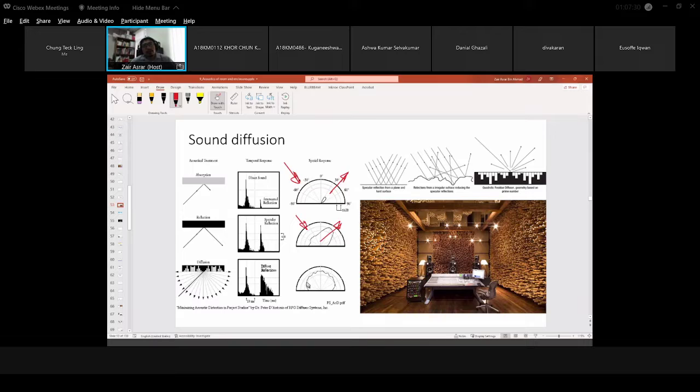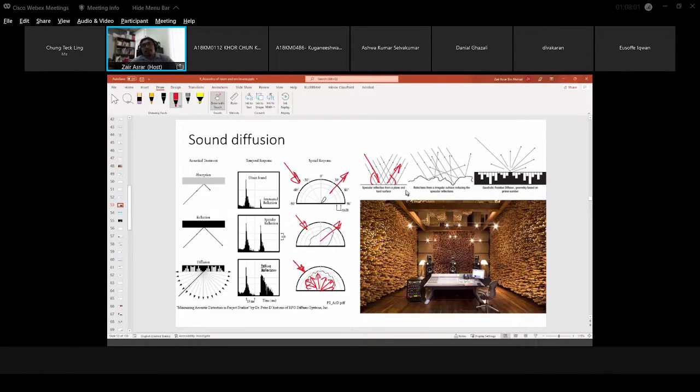You can have the sound incident in one particular direction, and suddenly the sound energy will be directed towards all possible directions when it is reflected by the surface or by this diffuser. This is another example here. If we have a flat reflector, we have a specific incident angle and a specific reflected angle.